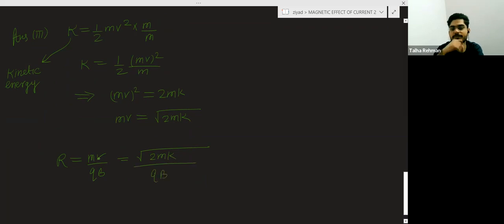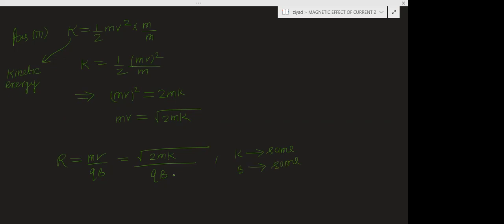So when I put the value of mv here, it will become root of 2m into K, divided by charge into magnetic field. Now they are saying the kinetic energy is same and the magnetic field is same. So your K is same this time for the three particles given. Magnetic field is also same, but the charge and the mass will be different.